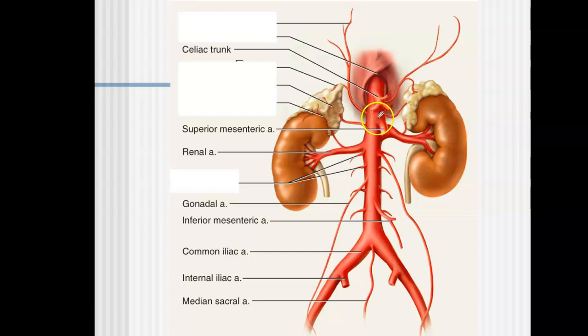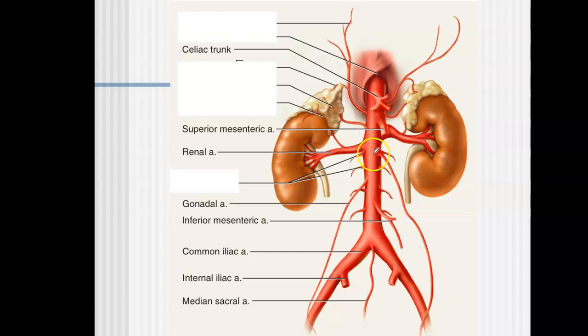Then as I come further down, the next one that comes pretty soon after the celiac trunk is one that's going to irrigate the mesentery. If it irrigates the mesentery of the small intestine, it's going to be called the superior mesenteric because it goes to the small intestine.